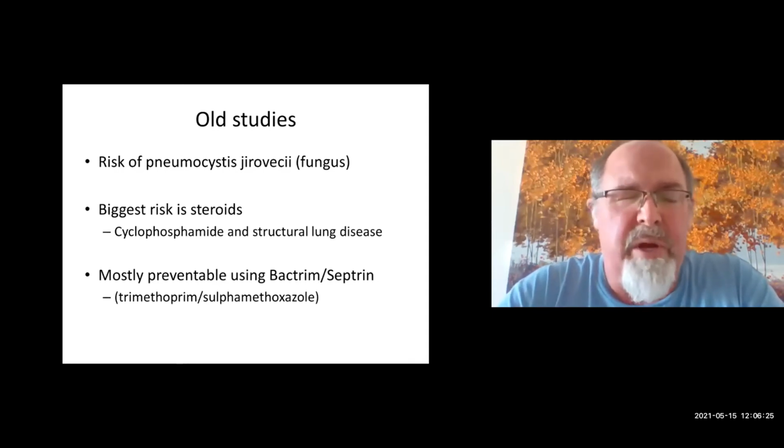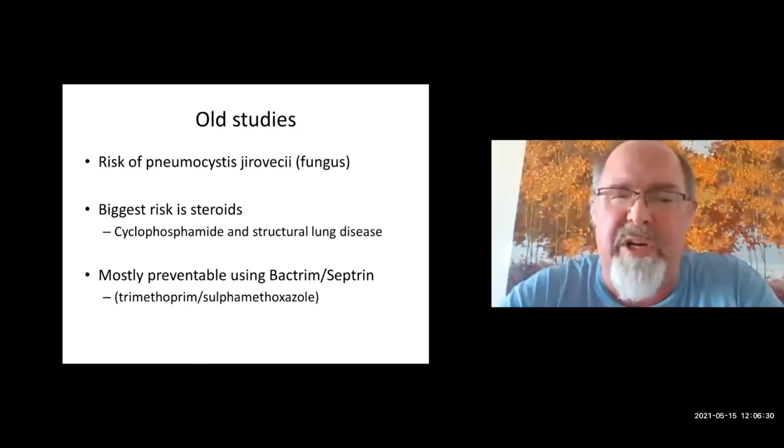Old studies. So back in the 1980s, when the treatment for ANCA-associated vasculitis was essentially cyclophosphamide and steroids, we noted that a certain fungus called Pneumocystis jirovecii, or it used to be called Pneumocystis carinii, caused a particular problem.